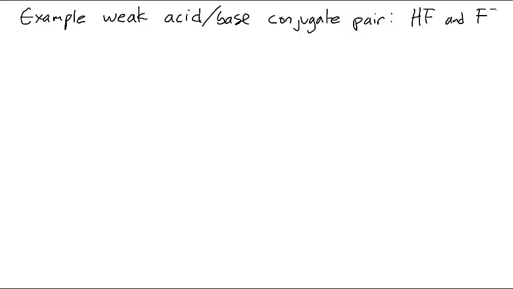So the question was, do those two ever react with each other? And the answer is yes, they react with each other all the time. What are the products when HF and F minus react with each other?